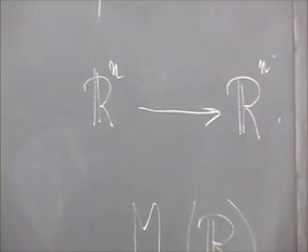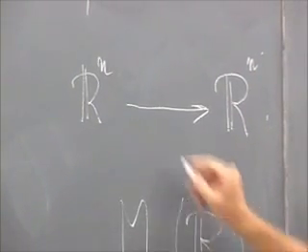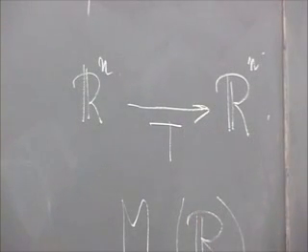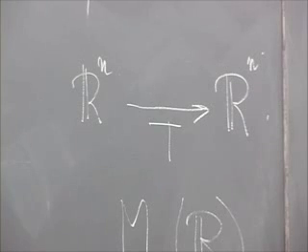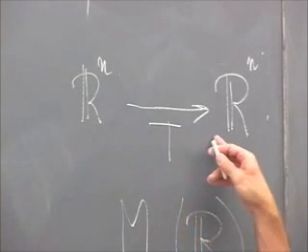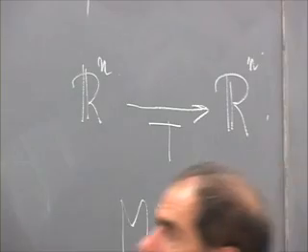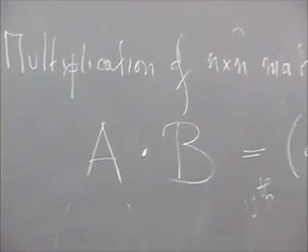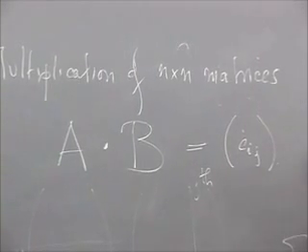Every matrix is a way of writing down a specific linear transformation. We'll do that later on, but it's a good thing to bear in mind. Because if you understand that a matrix represents a linear transformation, then what multiplication of matrices represents is the composition of transformations.